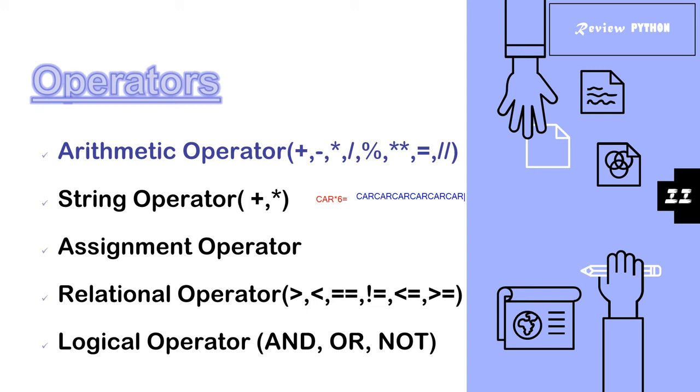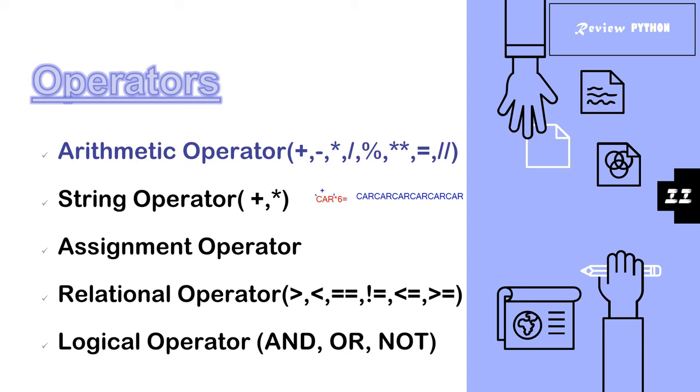You have to make sure though that this is in inverted commas, because it is a text, and I told you in the first lecture, all the text values or string values will come in inverted commas. So this is the function of this multiplication sign while using string operator.